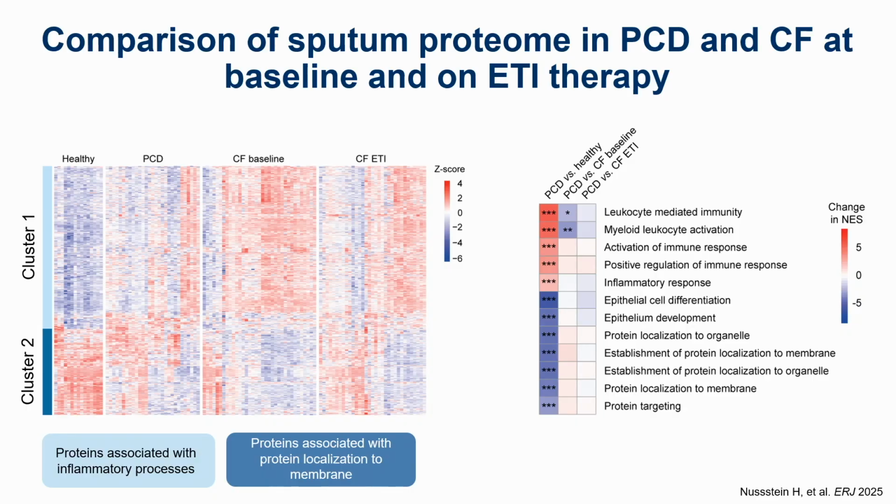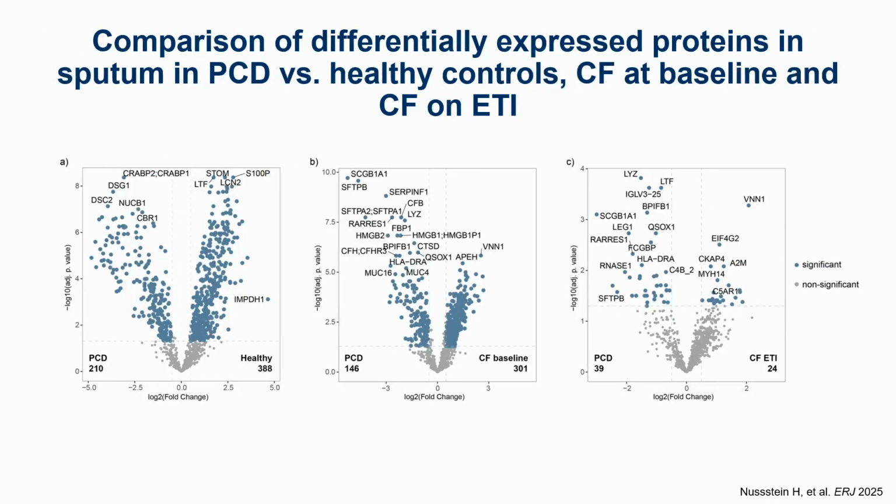And the sputum proteome in PCD and CF on ETI therapy was more or less comparable. We could not see many pathways that were differently regulated. And this becomes a bit clearer in this other presentation of volcano plots, where you can find the number of differentially regulated proteins on the bottom.